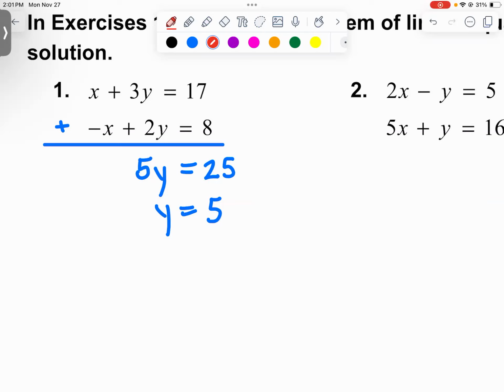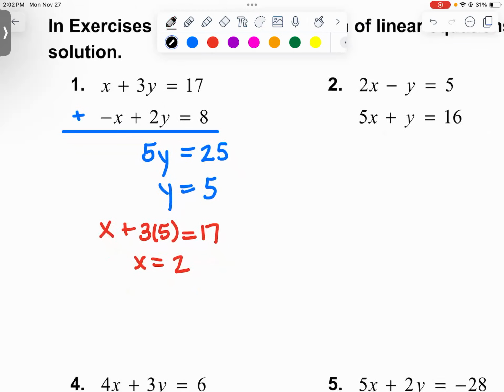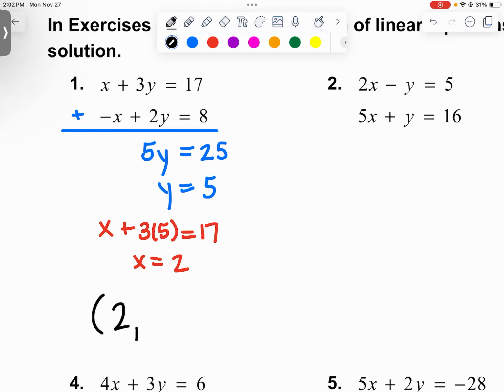Okay, I'm gonna go the first one. x plus 3y equals 17. x is 2.